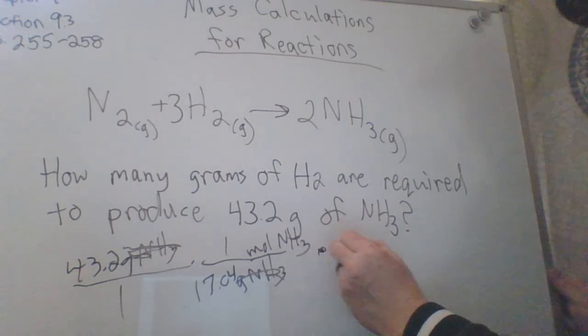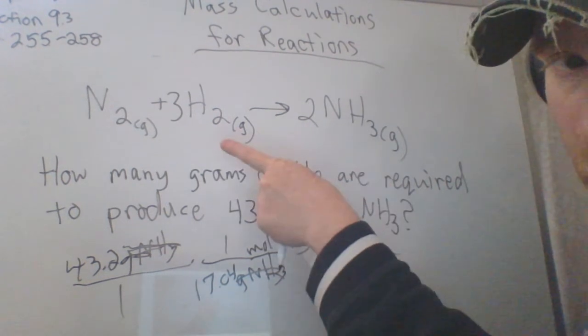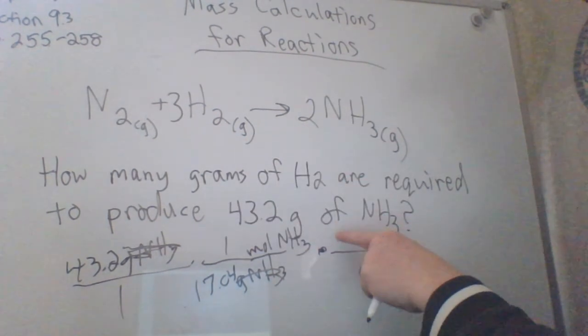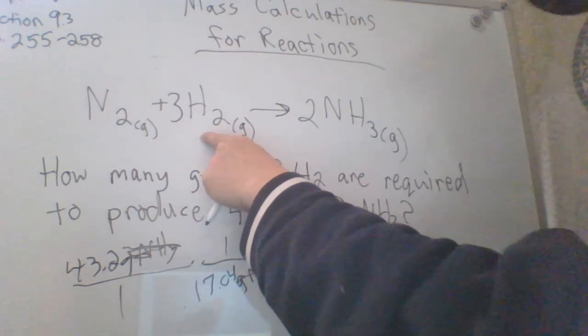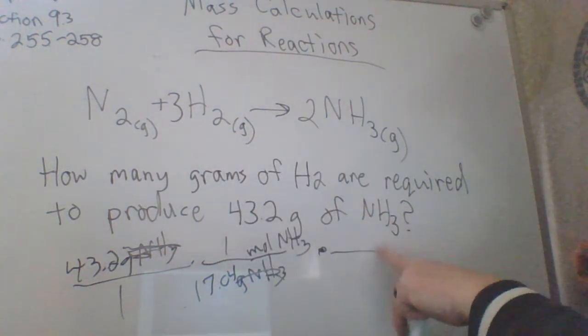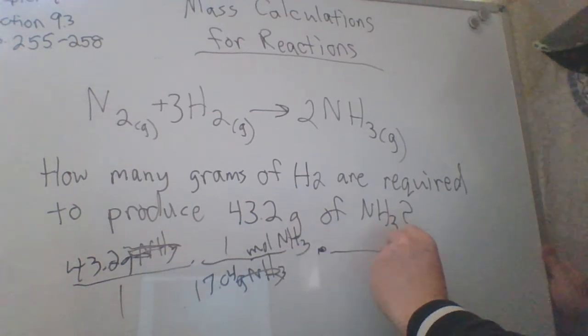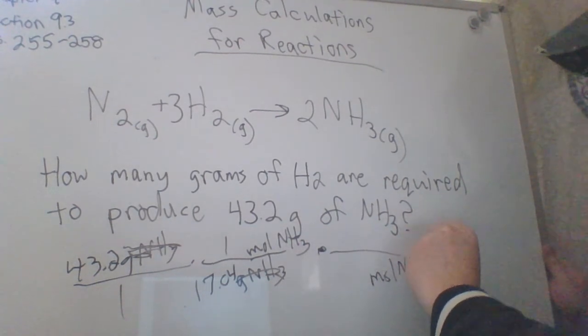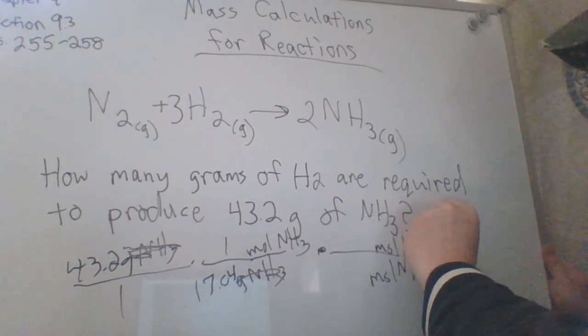The next fraction is going to be our mole-to-mole ratio. Remember what we're jumping from and what we're jumping to. We're jumping from moles of NH3 to moles of H2. This is the mole-to-mole ratio, fraction number 3 here in our mass problem. So I bring down moles of NH3, and I'm going to jump to moles of H2.